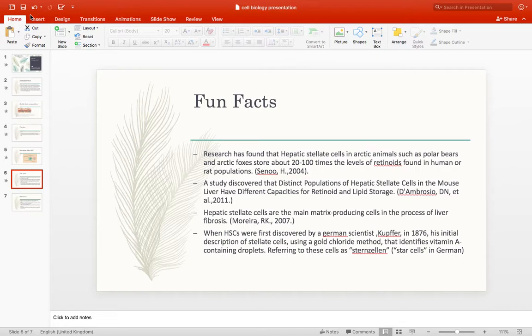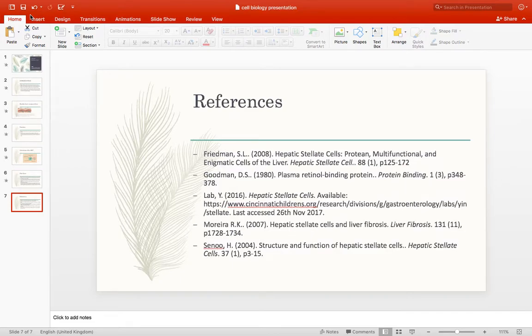So Kupffer in 1876 gave his initial description of stellate cells using a gold chloride method that identifies vitamin A containing droplets, referring to these cells as Sternzellen, which now the pronunciation might not be right, but it means star cells in German. Now the last slide shows our references.